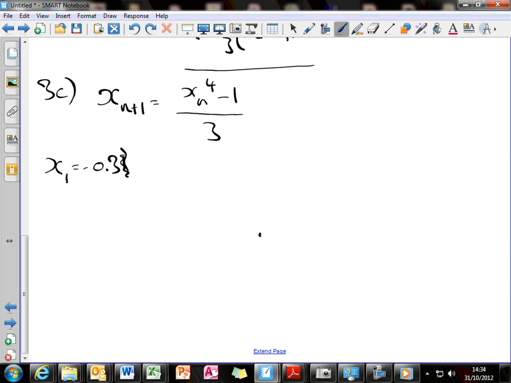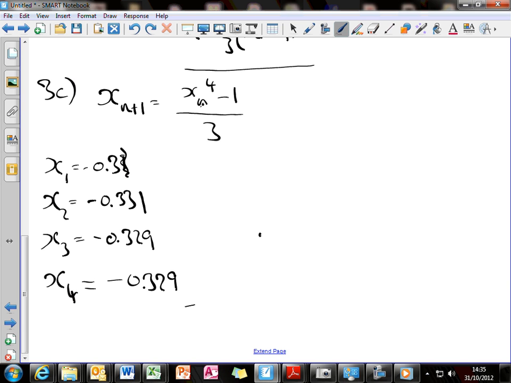And so if I put x1 into here, do it to the power 4, take away 1 over 3, I get x2, and x2 is minus 0.331, and then I take that and put it in here, to the power 4, take away 1 over 3, I get x3, that's minus 0.329. I take that, I put it into there, power 4 minus 1 over 3, and I get the fourth one, which is minus 0.329. Okay, and that's part C.